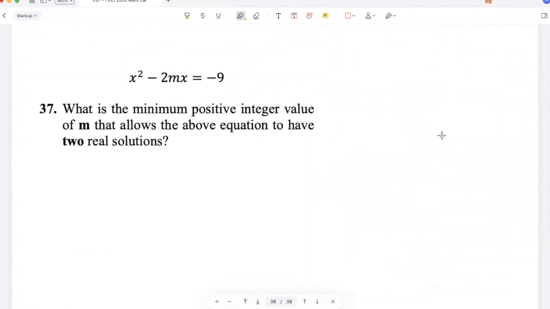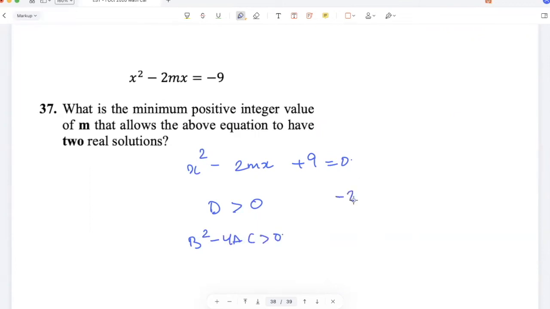Okay, what is the minimum positive integer value of m that allows this equation to have two real solutions? Okay, so the equation is x squared minus 2mx plus 9 is 0. So for two real solutions, the discriminant should be greater than 0. So b squared minus 4ac should be greater than 0.